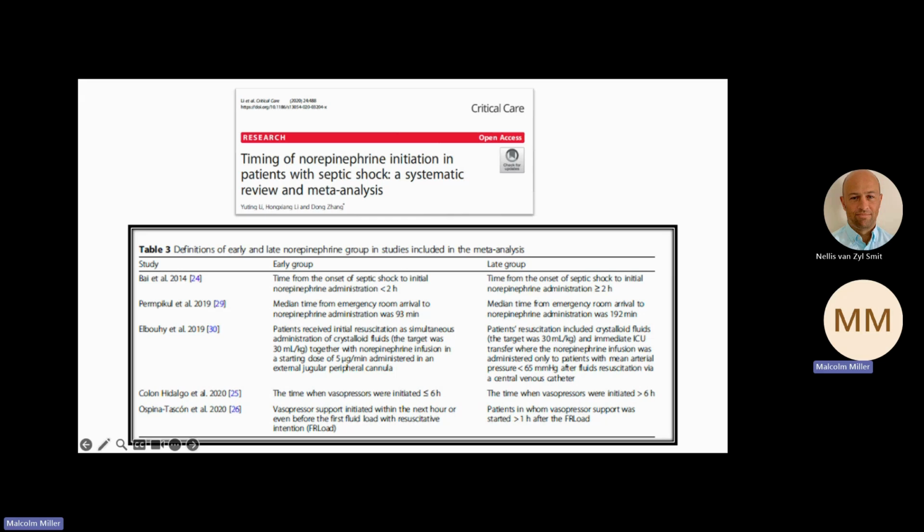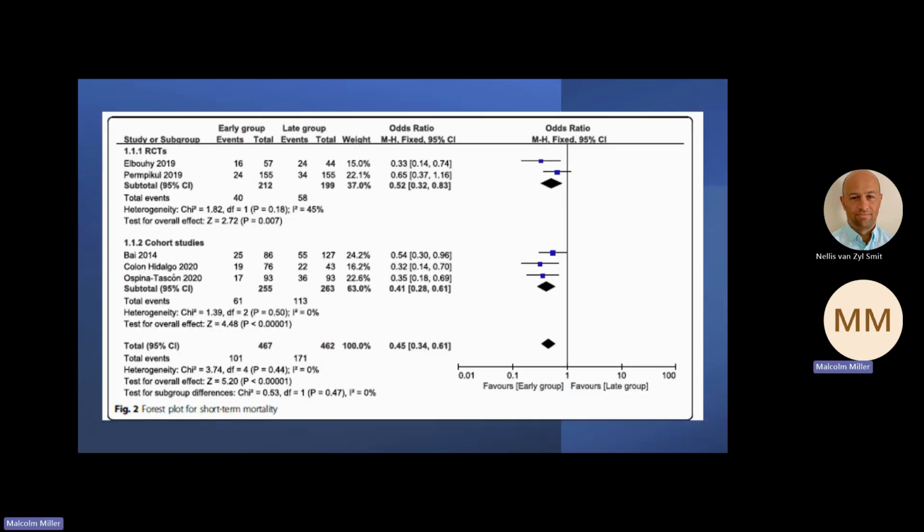And you can see some of these studies looked at 2 hours, maybe as a threshold for starting vasopressors. And the outcomes were favorable, although none of these studies were powered for mortality.